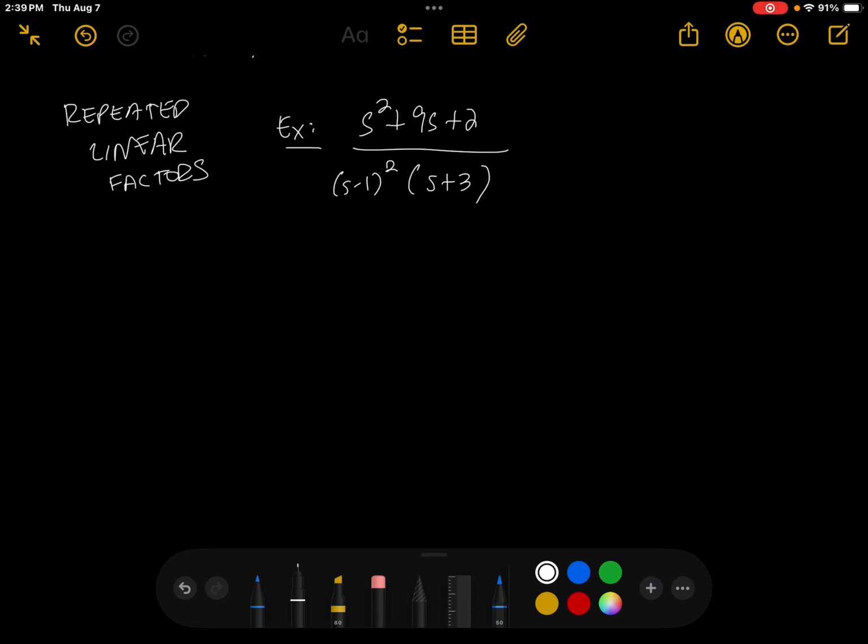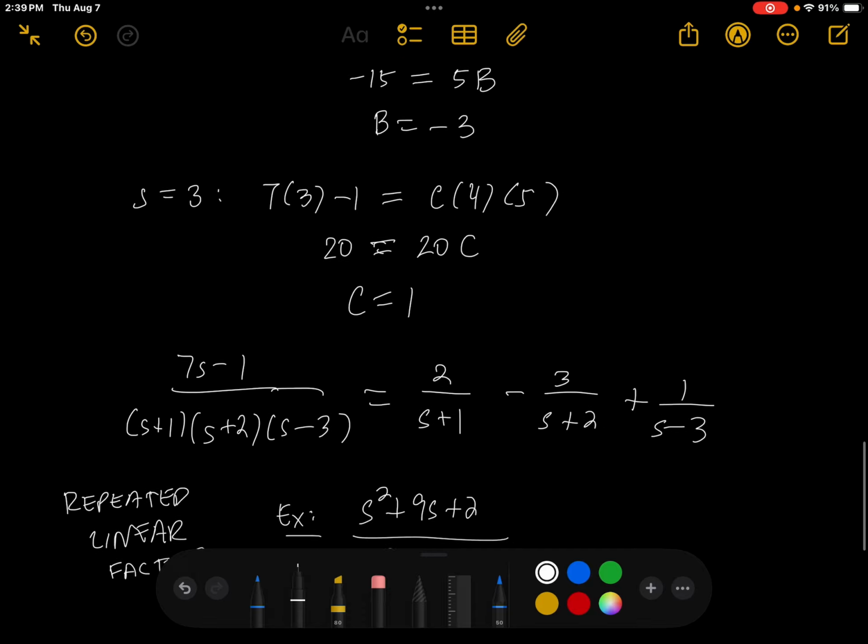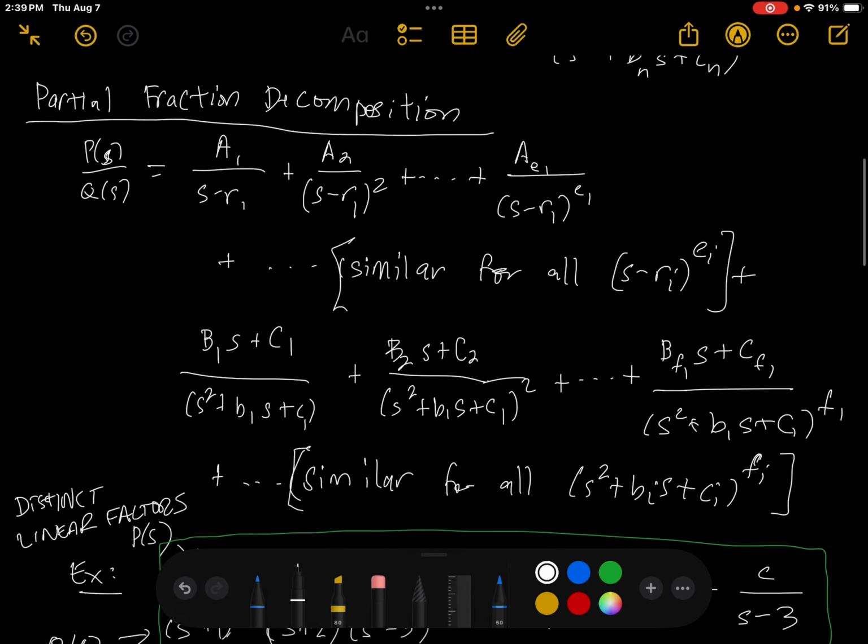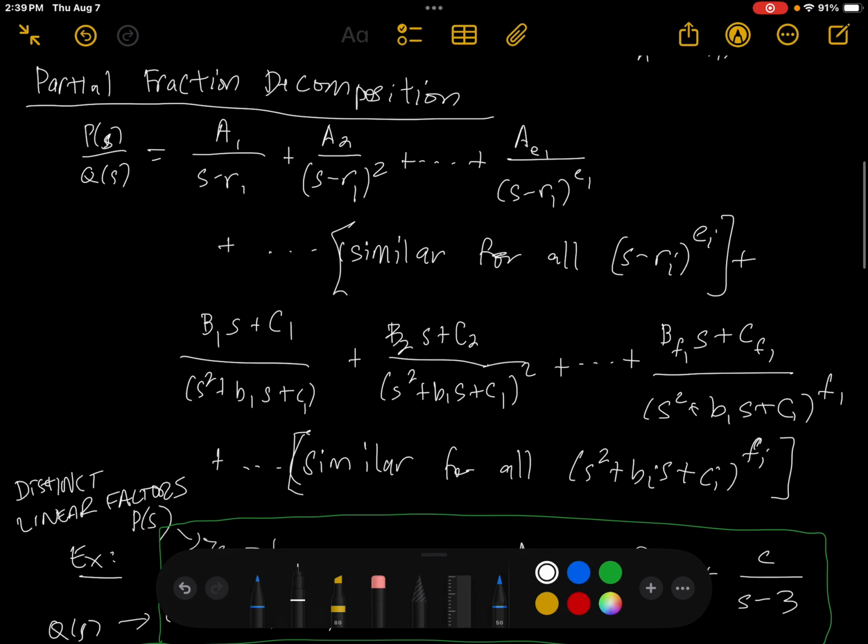First we have to make sure that we get the form right, that we know what the form is before we start solving for the coefficients. And when you look here, we have a repeated linear factor. Okay, let's go back to the formula, which is this. I'm going to put a star or something, just to indicate that that's what we're looking at.